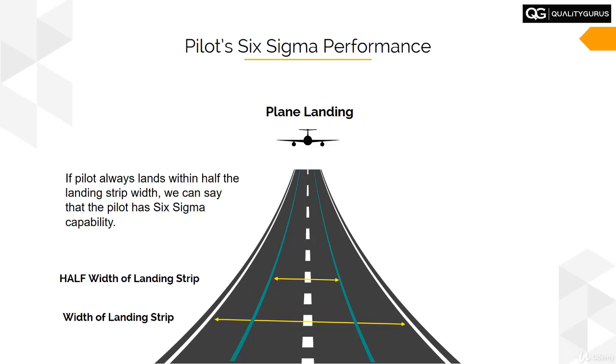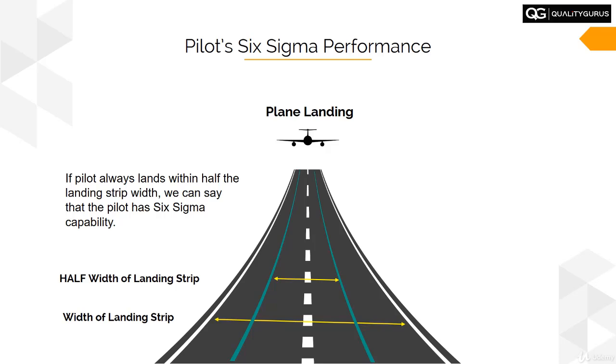He is allowed to land anywhere on the strip, but the pilot is landing only in the middle half or the center half of the strip. That way it leaves a lot of margin for unexpected things in future. So that will make sure the pilot doesn't make a mistake.